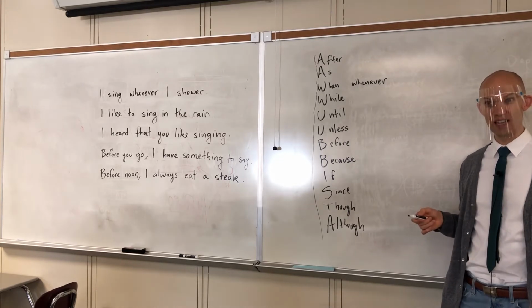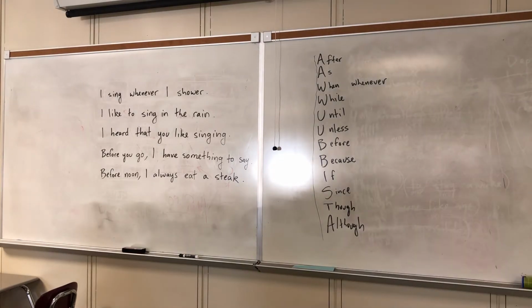Can you still do it? What's the word to remember the subordinating conjunctions? Vista. What are the subordinating conjunctions? After, as, when, whenever, while, unless, until, before, because, if, since, though, although. Nice. And what are those words? The vista words, what are they called?